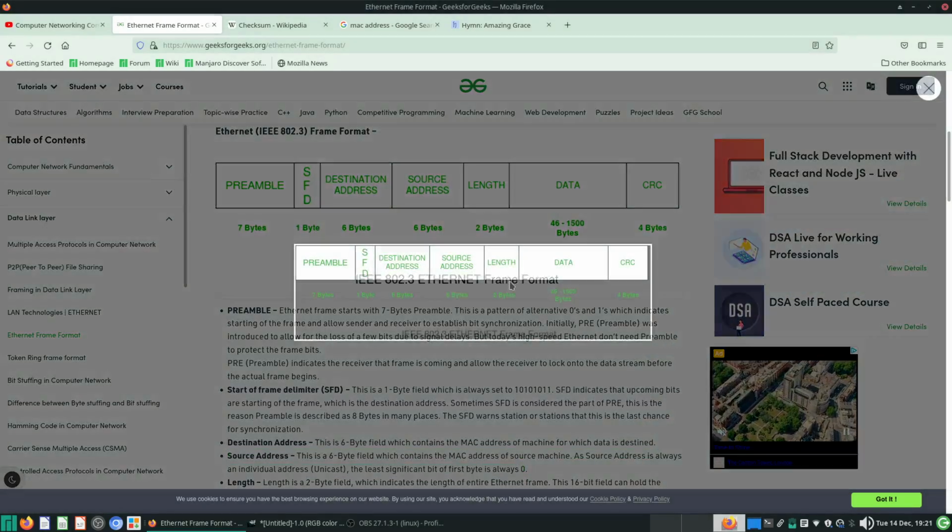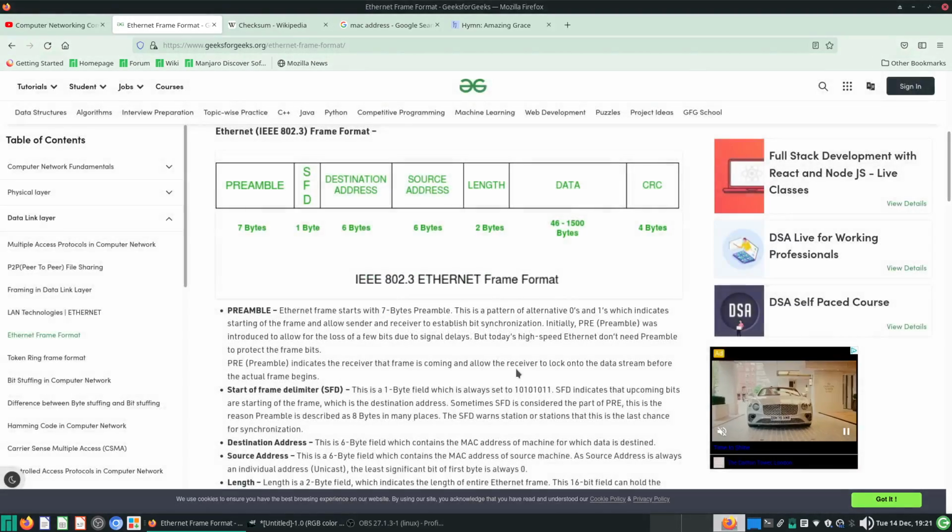The IEEE 802.3 Ethernet frame format is standardized throughout all computers which use these Ethernet cables, so that when you send a string of ones and zeros using your voltage signal, it is understood by all of the computers because they use the same protocol.